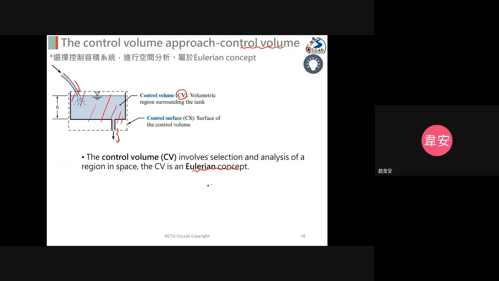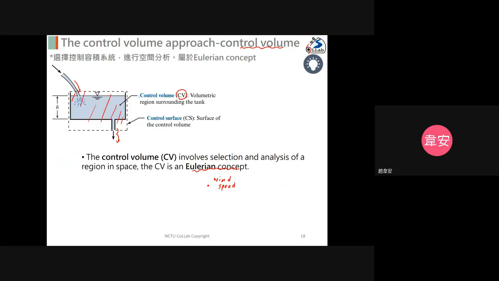As I said before, for example, if we put a wind speed meter at this point, we can observe the wind speed at this point for different time points.